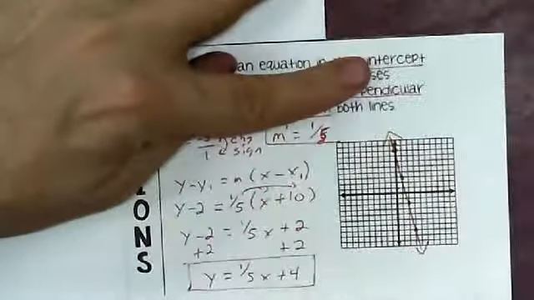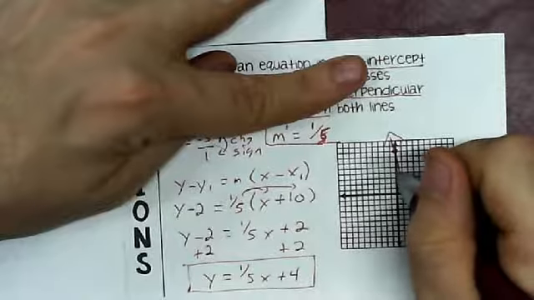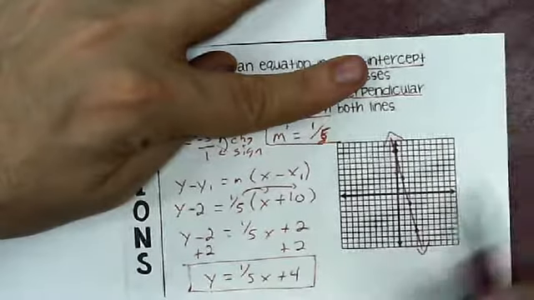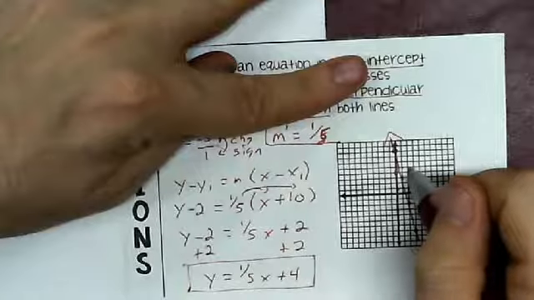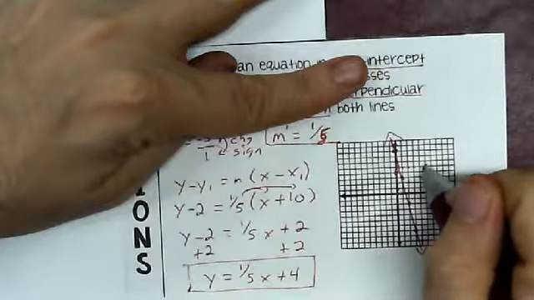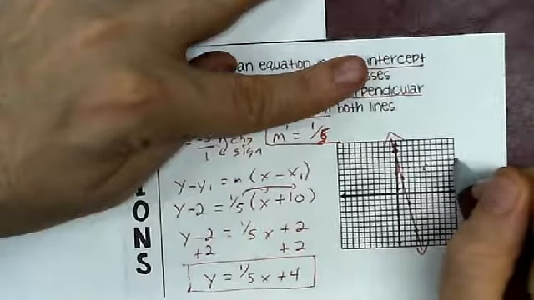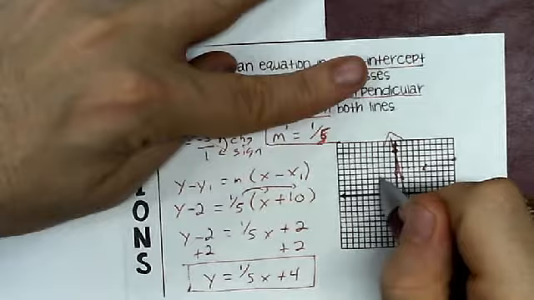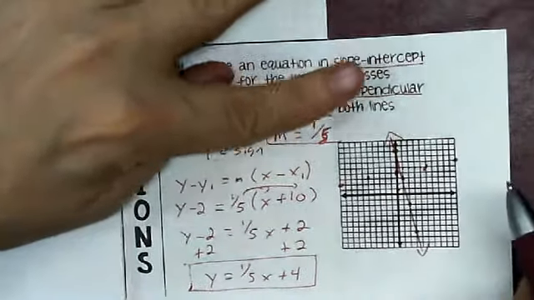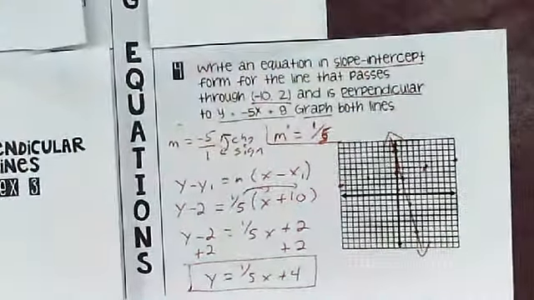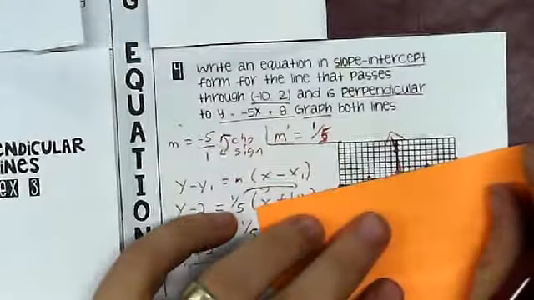Now I'm going to draw this one. It starts at 4 and rises 1, runs 5. Use my straight edge there.